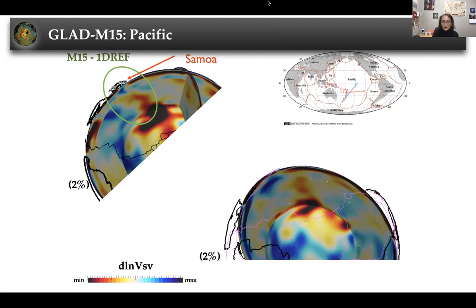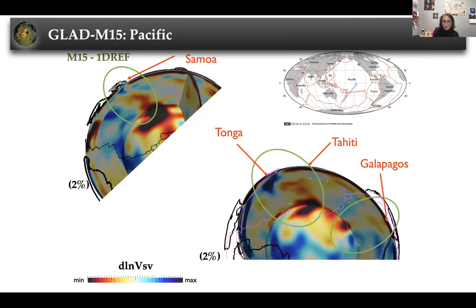And if you look at another cross section in this direction, this time in the Pacific, now you see the Tahiti plume, and this is the subduction along the Tonga Trench, and you see the potential plume slab interaction. And here also you see the Galapagos plume.